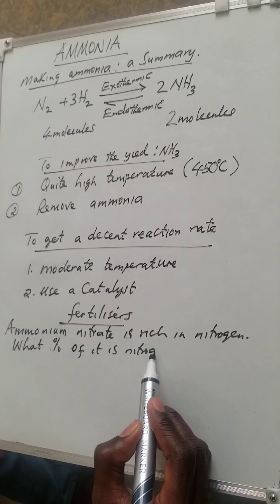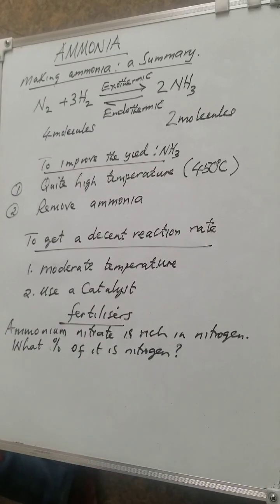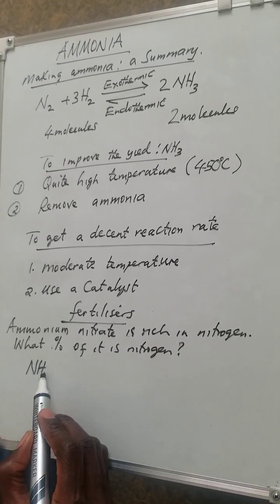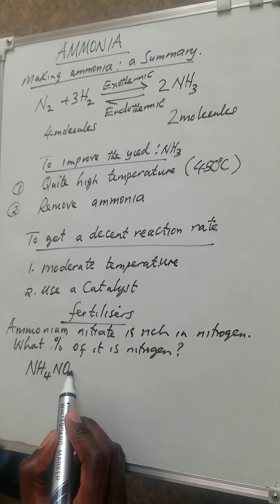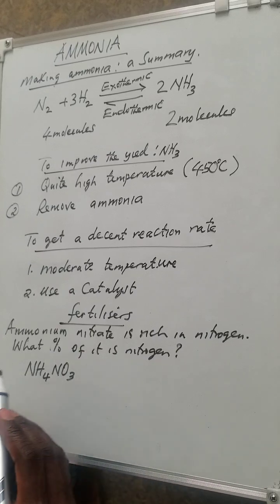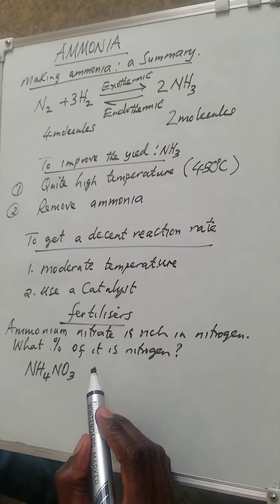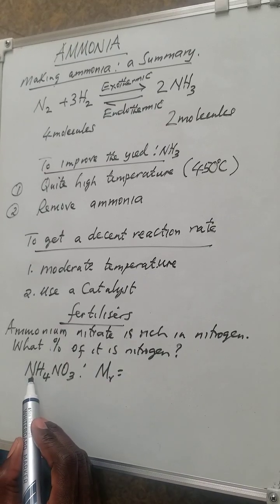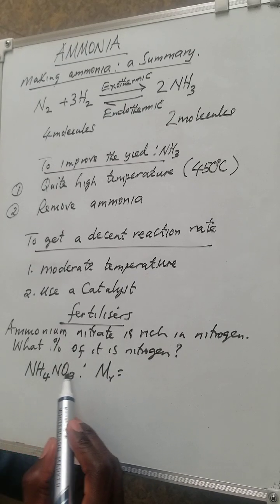So let's see how we can find what percentage of it is nitrogen. Remember, ammonium nitrate is NH4NO3. So you need to find the Mr of this compound. How many nitrogens do you have in the compound?